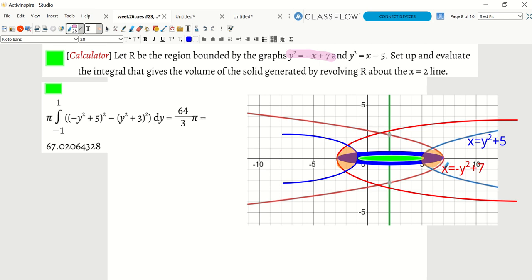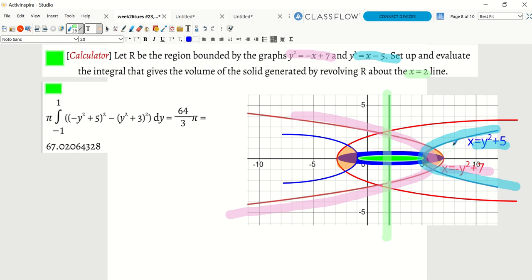This is that, okay, which is this right here. And this is that, which is this right here. Okay, so we want it revolved around the x equals 2 line, which is green, the green vertical line essentially, like that.